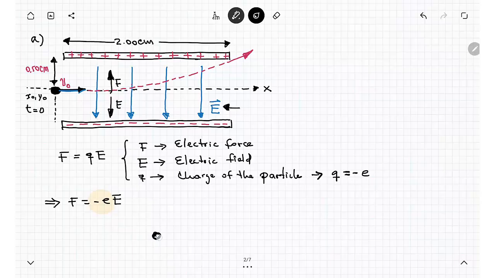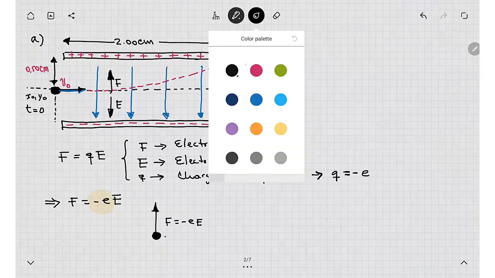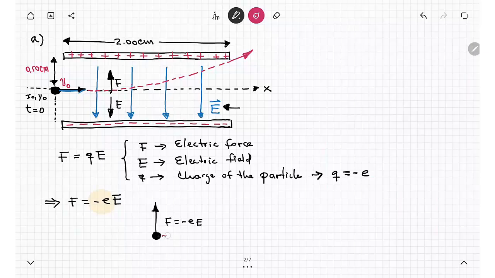We have the electron, this is the force that is acting on it, F equal to minus e multiplying the field E, and obviously this is the x-axis, and this is the y-axis, okay?